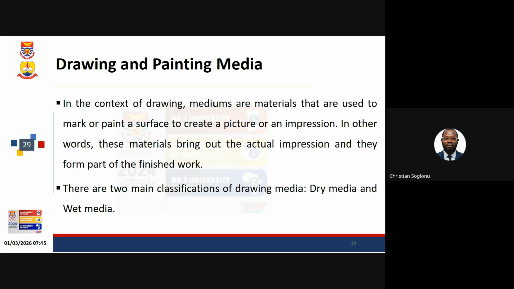In other words, these materials bring out the actual impressions, they form parts of the finished work.